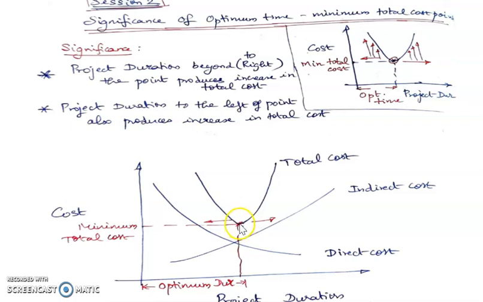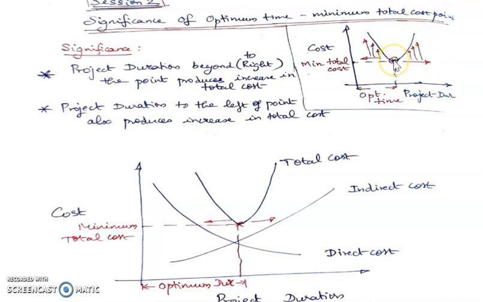It tells us that every project shall have an optimum duration of completion, which will bring about a minimum increase in cost. So what is the meaning of this particular term, optimum duration and minimum cost? As we can see from this graph, as the project duration increases beyond this point, there is going to be an increase in total cost.